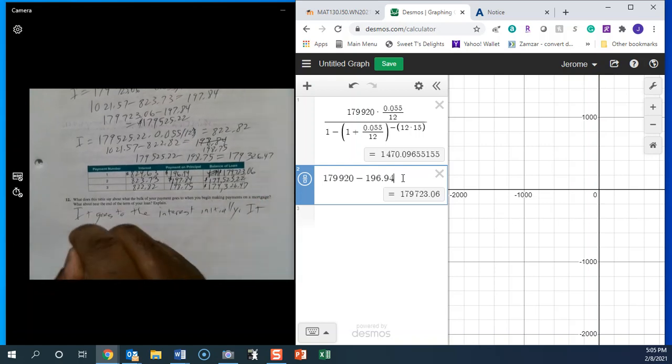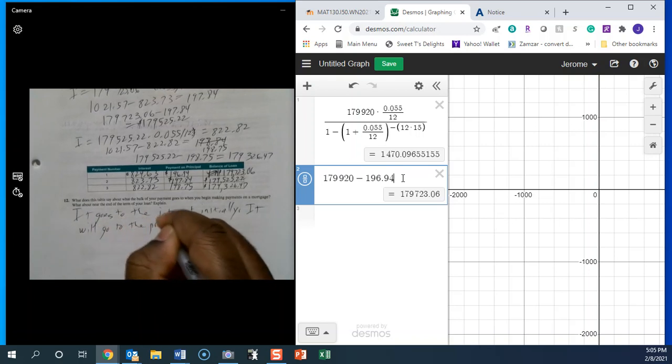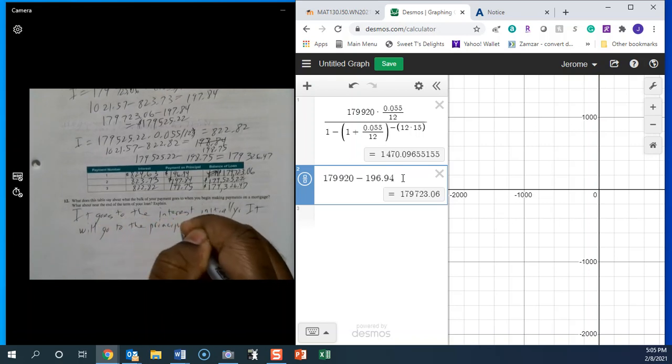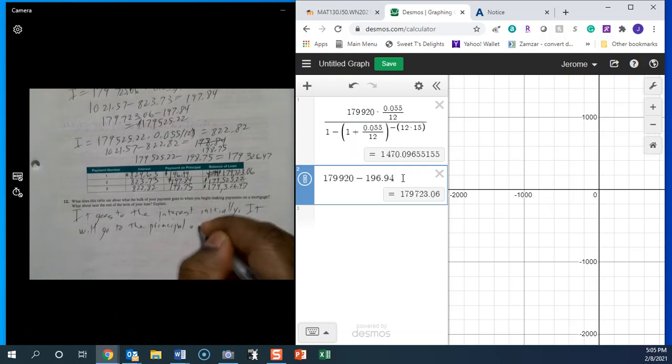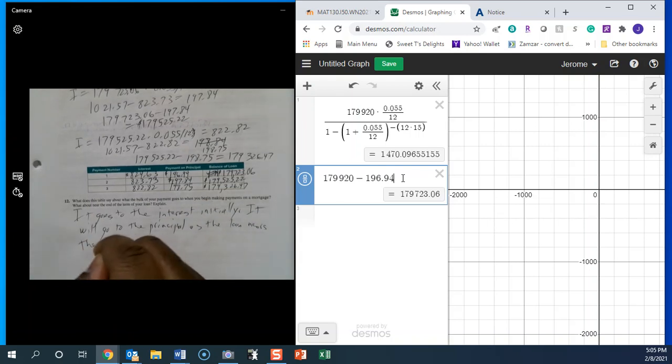It will go to the principal as the loan nears the end. So that's basically it. And we are done with 3.3 and 3.4.